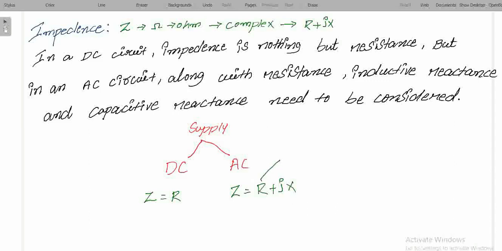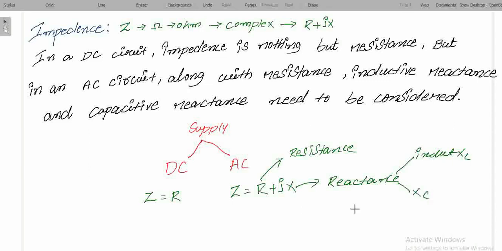So this is called resistance and this is your reactance. This reactance may be inductive reactance, that is XL, or a capacitive reactance, or a combination of XL and XC. So everything we are going to see in detail in this class.